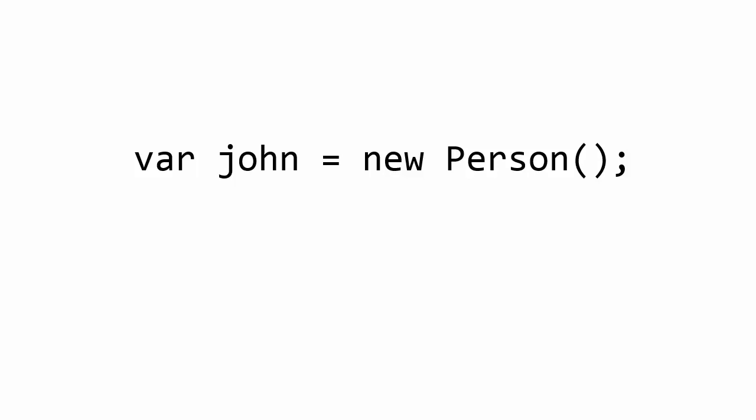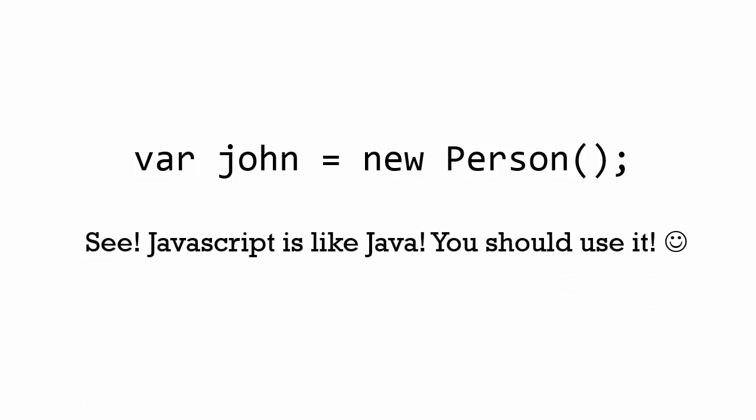So Java developers were used to creating objects like this. And so JavaScript needed a way to create objects with this kind of syntax, so that when Java developers looked at JavaScript, they would say, oh, see, JavaScript is like Java. You should use it, even though it's not really.